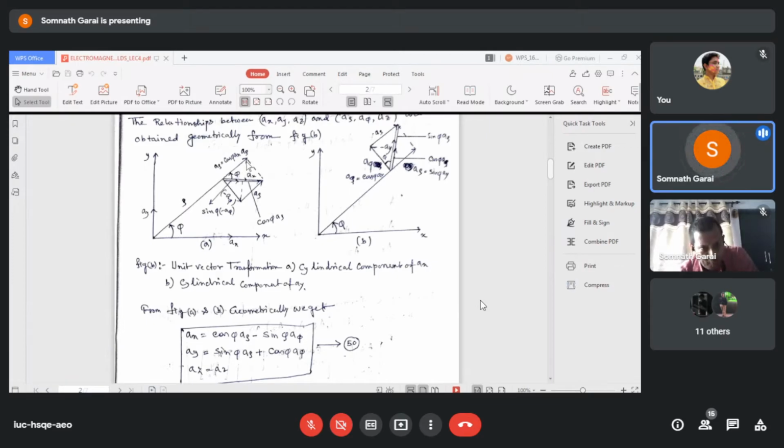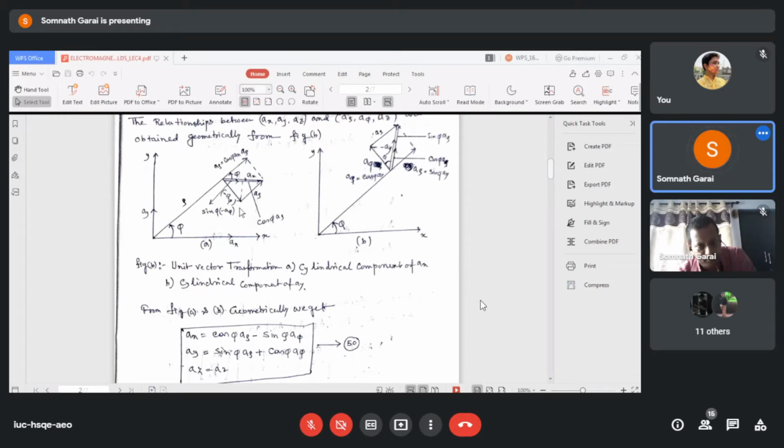Now if the rho vector constitutes an angle phi with respect to ax, then according to the ax direction, the vector component of a rho is cos phi a rho. Got my point? Because ax directly creates an angle phi with a rho, that's why the component according to the direction ax is cos phi a rho, right?